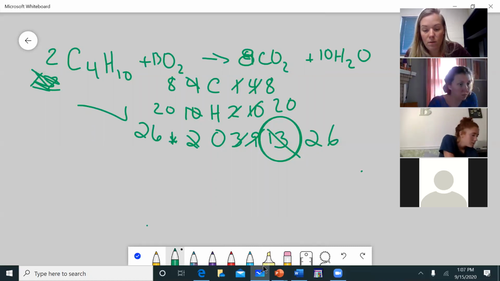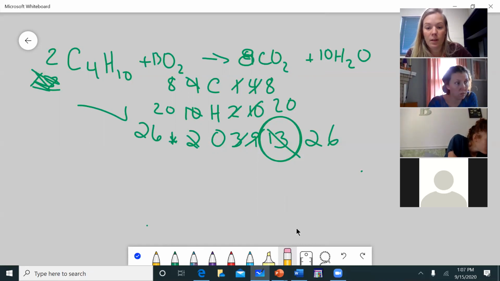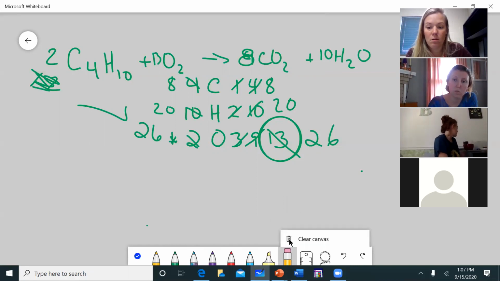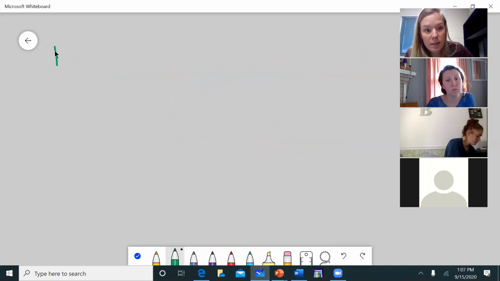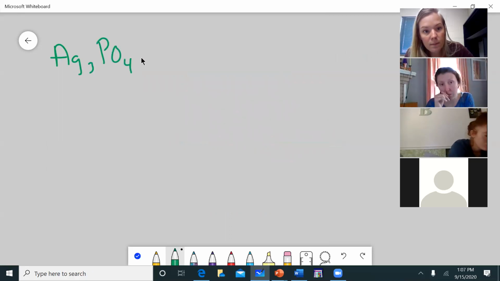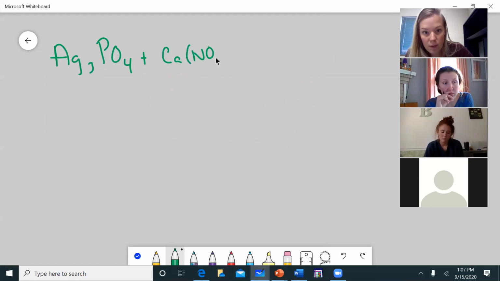All right, we're going to do the one with a polyatomic ion on that formula sheet. So the next one was Ag3PO4 plus, and I'm not putting the phases in, but you know, the phases are important.